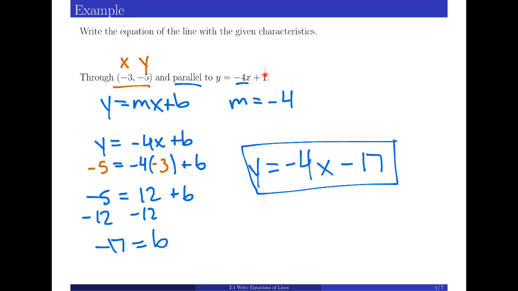So this right here is extra information that we don't need. This could be a plus 100, and our line would still be this exact same one right here. This is just going to shift our parallel line closer or further from the line that we want. It's not going to change the slope or anything. So ignore this. The only thing that we can take away from the parallel line or the perpendicular line is the slope.